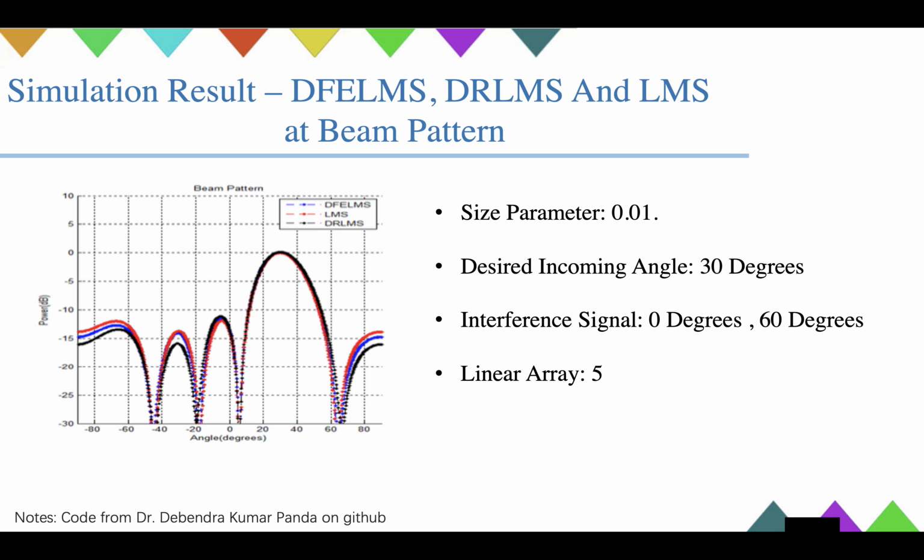The simulation results show that DFE-LMS has a smaller mean square error than LMS, but this advantage will gradually decrease as the number of iterations increases. DFE-LMS and DRLMS are better than LMS in directing the main beam to the required direction, and they have better anti-interference abilities.